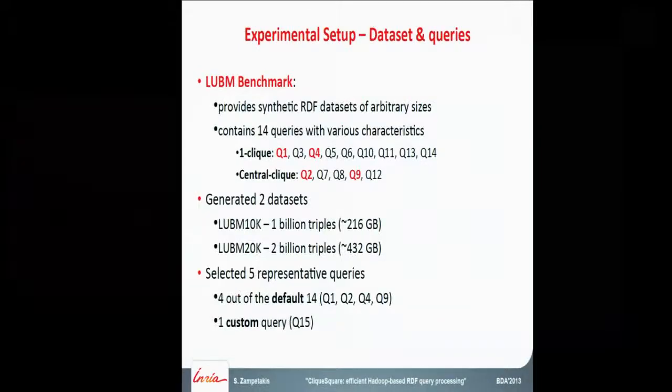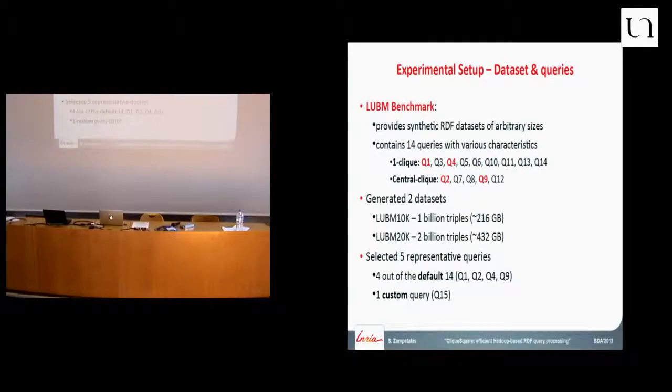The dataset that we used is the LUBM, which provides synthetic RDF data and has a set of 14 default queries. This benchmark is also used by Hadoop RDF in its experiments, and it's used by most of the works in this area, in RDF query processing. In our context, all of the queries that the LUBM contains are either one-click queries or central click queries.